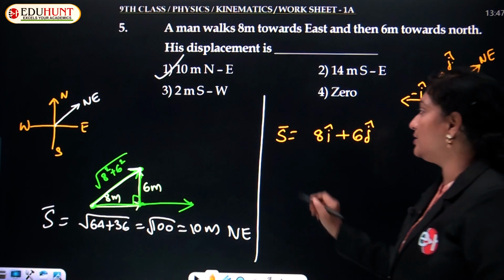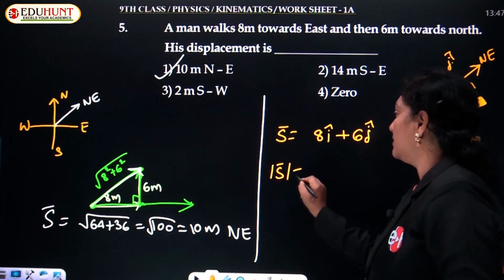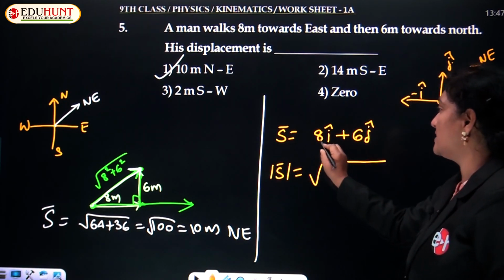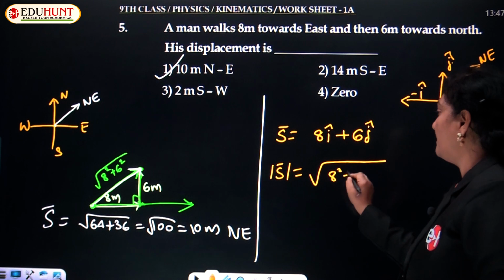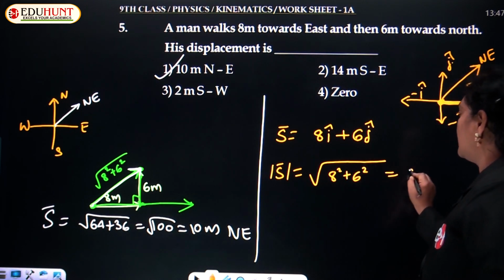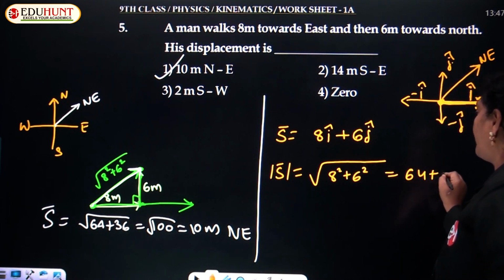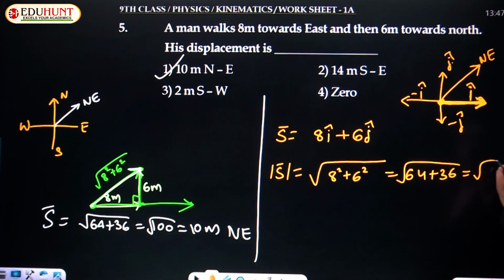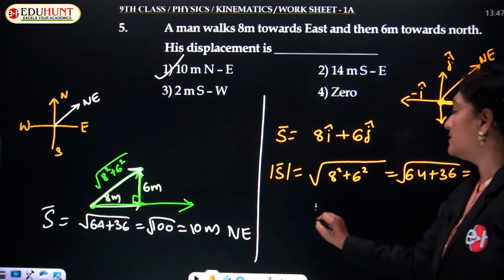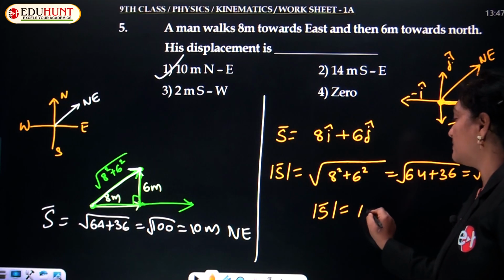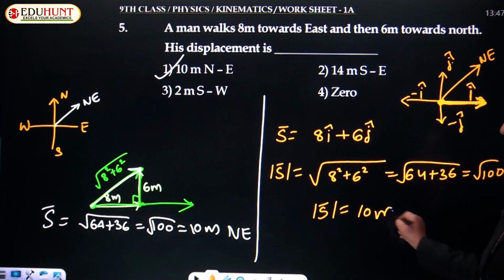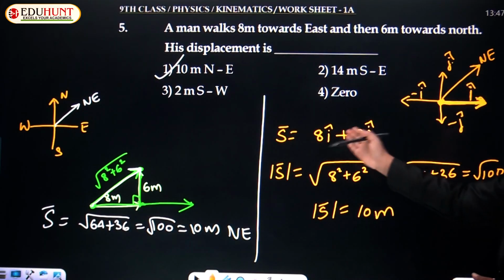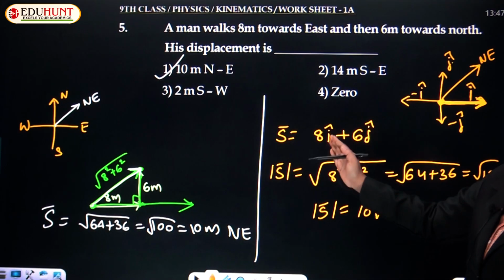What about the magnitude? Magnitude is nothing but root over coefficient square, 8 square plus 6 square. This is nothing but 64 plus 36 under root, root over 100. Hence, the magnitude of the displacement vector is root 100, which is 10 meters, and it lies in the xy plane, positive xy plane.